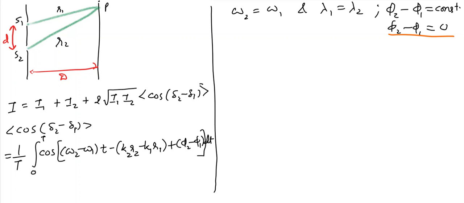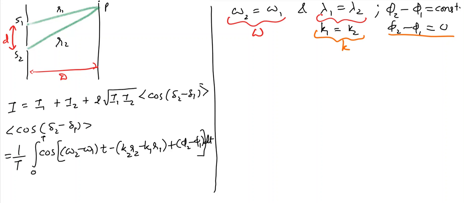And if omega 2 is equal to omega 1, we may consider this as omega. And if the lambdas are the same, we don't need to write k1 and k2. Instead, we may simply write k.